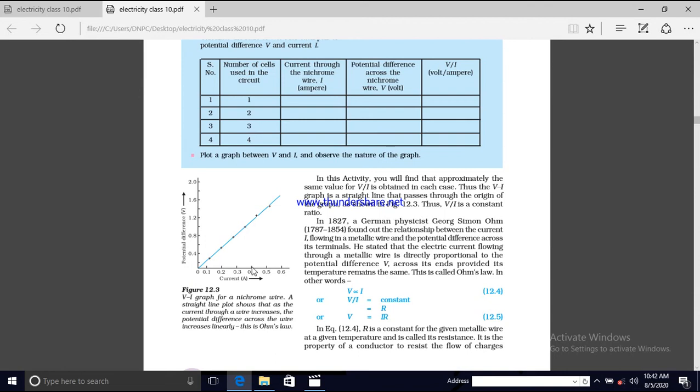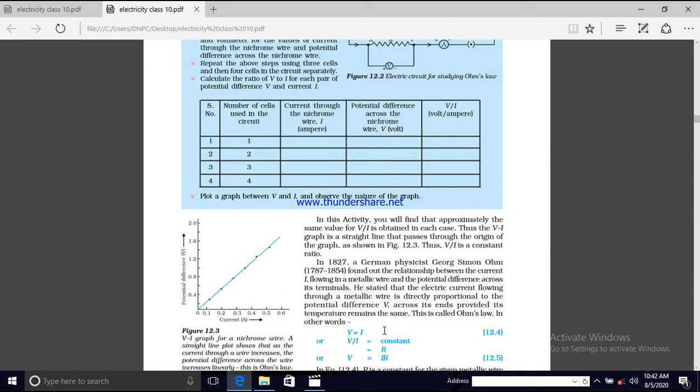It will be approximately 2.5 ohms. So that will be the value of the resistor. And this relationship between potential difference and current is known as Ohm's law.